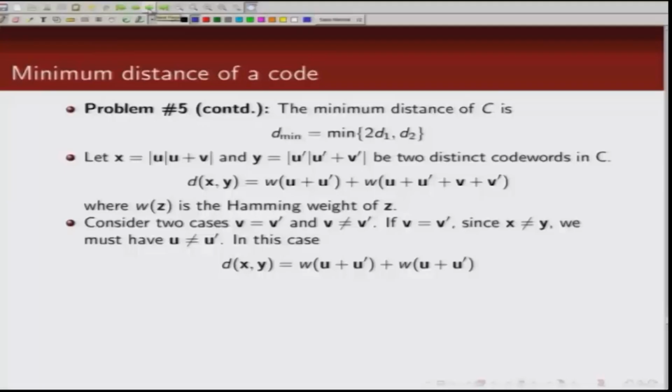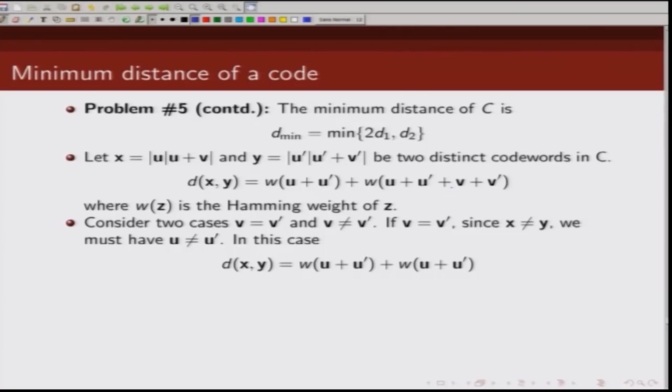So, in this case, the Hamming distance between x and y will be given by the Hamming weight of u plus u prime plus, since v and v prime are the same, this term will be 0. So, this will be the same as the Hamming weight of u plus u prime.